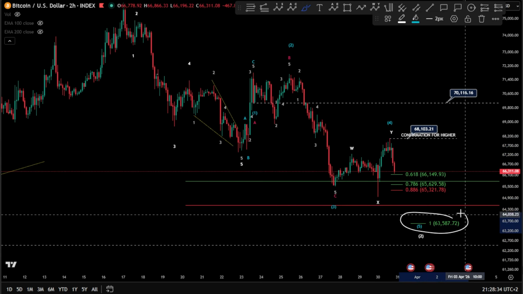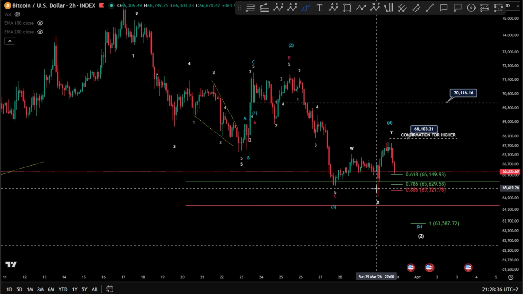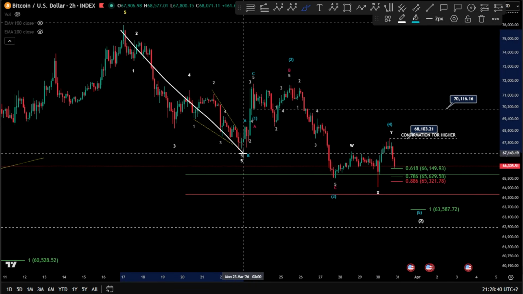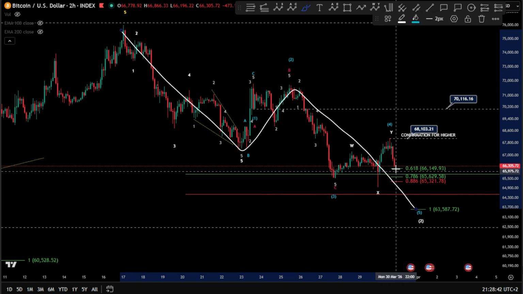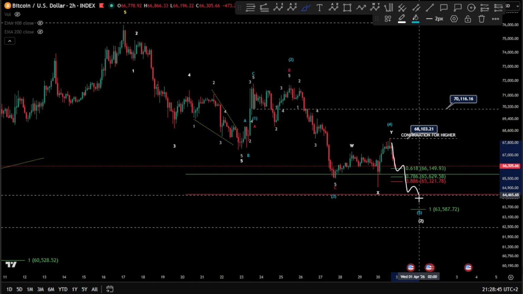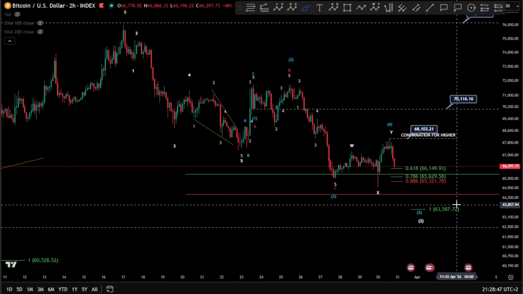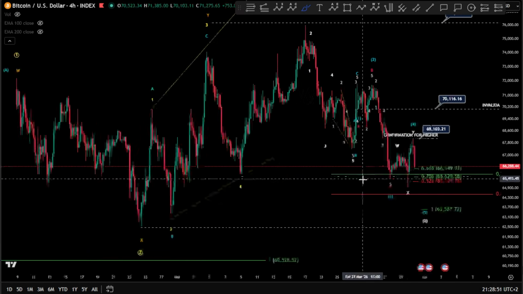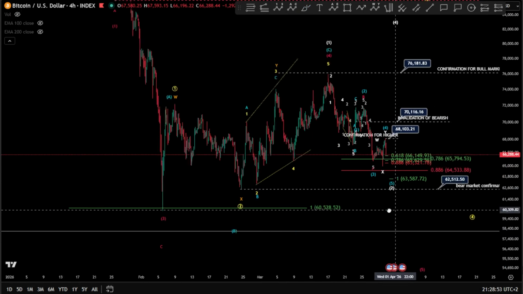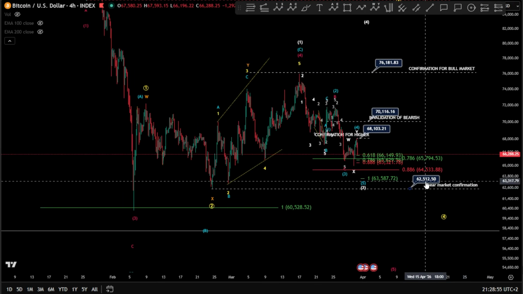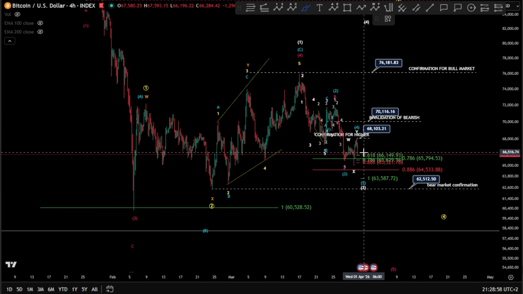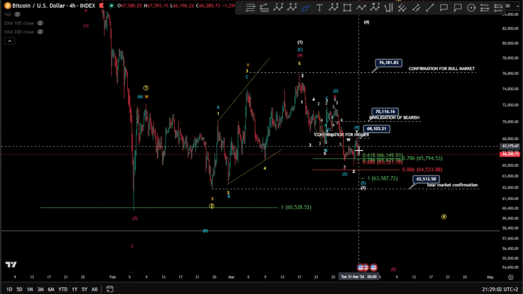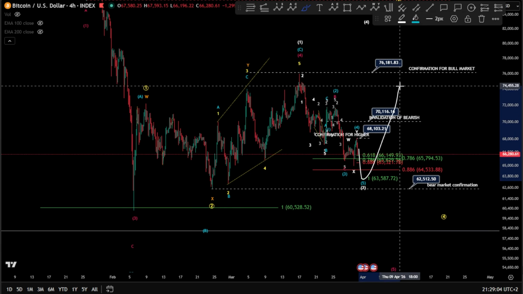Now, don't forget that we might still be looking at the 1-to-1 fib level, taken from this large zigzag, A, B, and a C, meaning this wave 5 can follow this target at 63K, and without taking the low, the confirmation for a bear market, which is very, very close, by the way, bear market confirmation, 62K 500, without taking this number, that means we might push toward the upside.